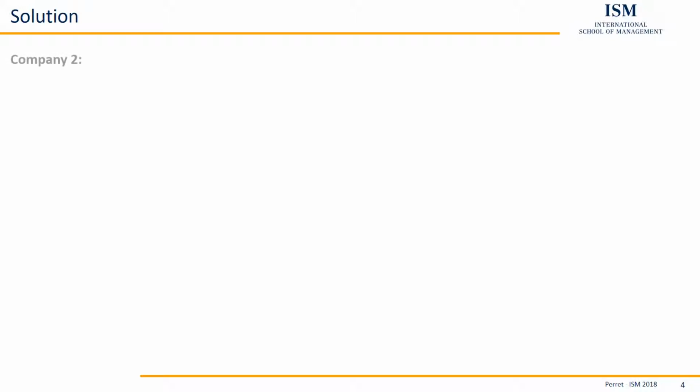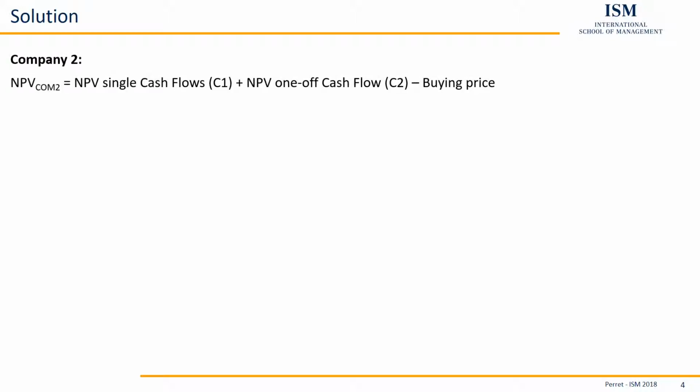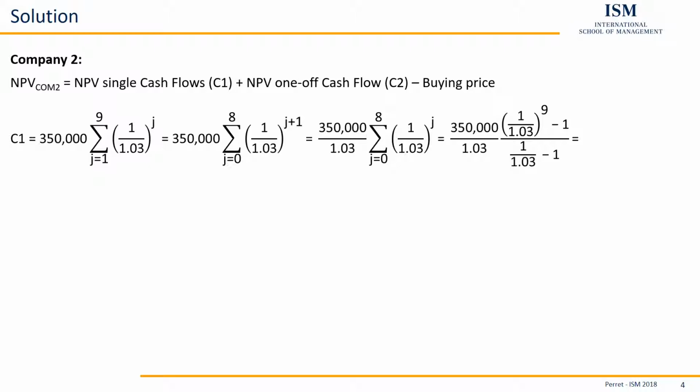In the second part, company 2, we have first off the different single cash flows and then the one-off cash flow we need to consider. The single cash flows work similarly to what we did in the slide before. However, the only difference is that now we have cash flows of 350,000 and only 9 of them and not 10.